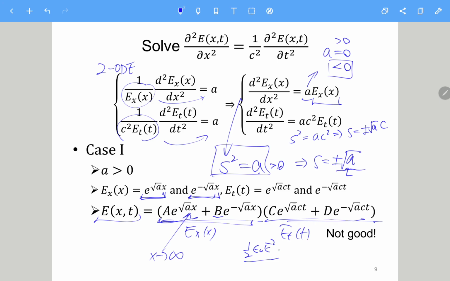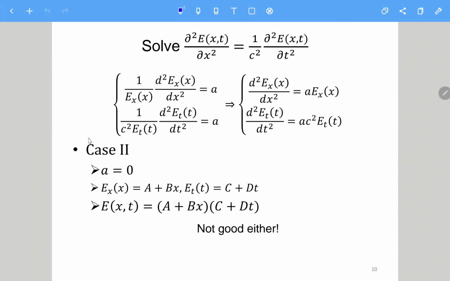If E tends to infinity, there would be infinite energy, which does not make sense. It's like an exponential decay on one side, but it will exponentially grow on the other side. So this is not good.